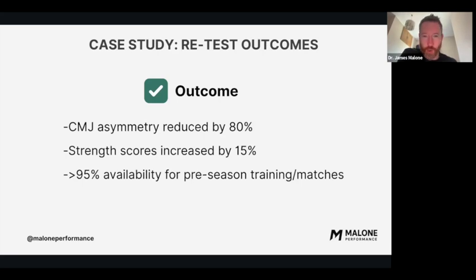So if you can get a player above 95% availability of training and matches, you're doing a very good job. In this example, that's what they were able to achieve. Sometimes it can vary. If a player gets a contact injury, and injuries happen, then there's not much you can do. But the last thing you want in those early weeks is to have any soft tissue issues. And again, by closing these gaps and increasing strength scores, we can hopefully limit those injury risks and improve availability.